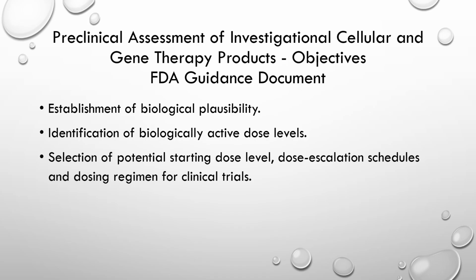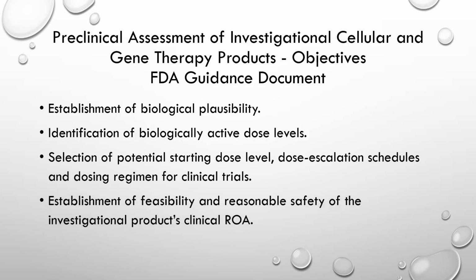And your total dosing regimen in your animals has to be based upon what you're doing in a clinical trial. So the non-clinical, preclinical studies have to mimic what your plans are for your clinical trial. This is the objective of your preclinical assessment.